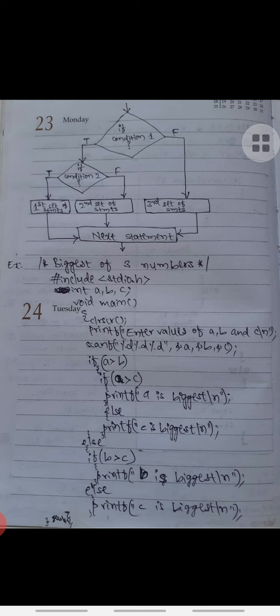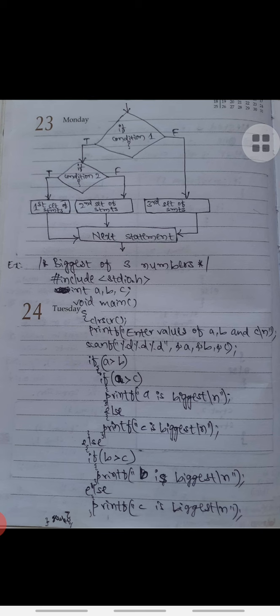So already if we assume that a is really greater than b, and we want to check that a value with c value, if this condition is also true, then obviously a value is biggest, so you print this statement, that is a is biggest. Suppose a is not greater than c, then the else part will be executed, that is c is biggest.